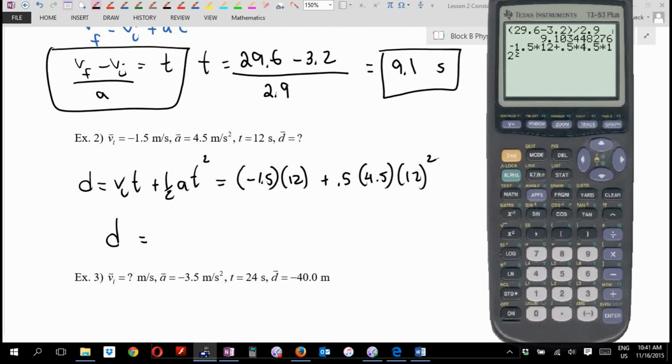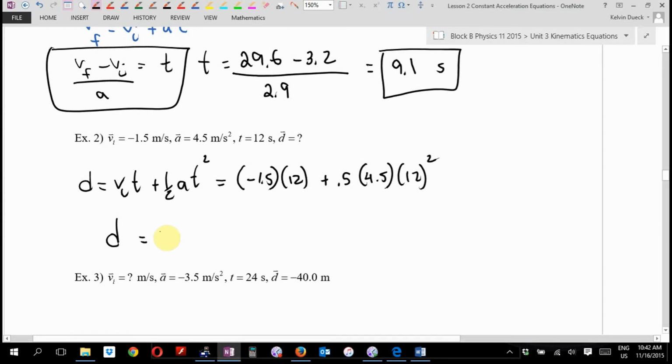You get 306 meters. Nice. Again, trying to do this with graphs, Ty, would be a nightmare. 306 what? Units? Meters, and I tend to put a box around my final answer, like, yay.